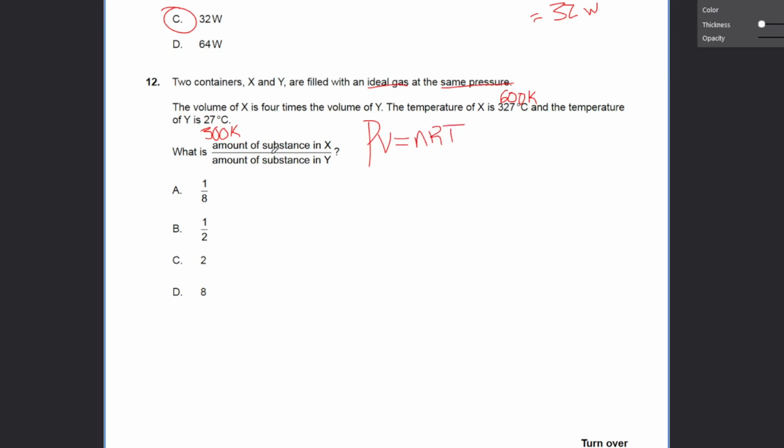So let's apply this for container X. P is equal to, well, the volume of X is 4 times the volume of Y. So V of X is equal to 4V of Y. So I'm just going to plug V of X in as 4V of Y right here. And that's equal to n sub X times R, that's a constant, times T. And T here is our 600 Kelvin.